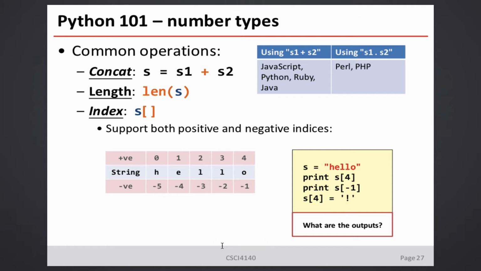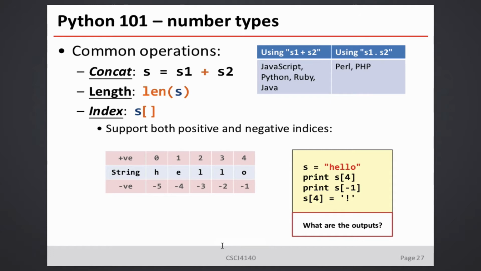A string uses square bracket 0, square bracket 1, 2, 3, 4 all the way down, right? How about the reverse? Yes, we can do it. How to understand this? This is 0. Minus 1 means go in this direction. But there is no space, so you cycle back to here. Minus 1, minus 2, minus 3, minus 4, minus 5.